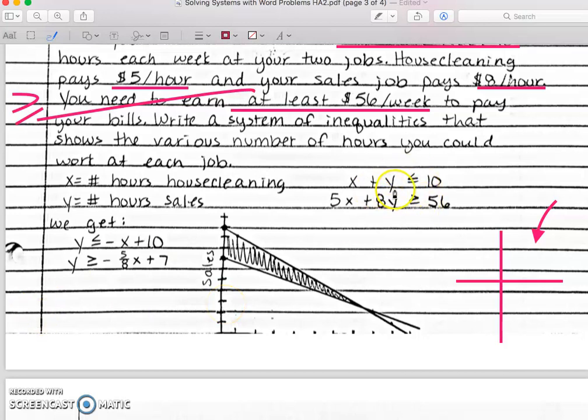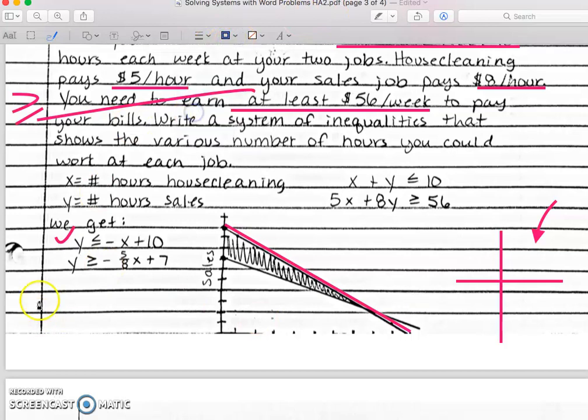I went ahead and got each of these equations into slope-intercept form, and I'm just going to go ahead and graph them. So I graphed this top equation right here, with that red line.